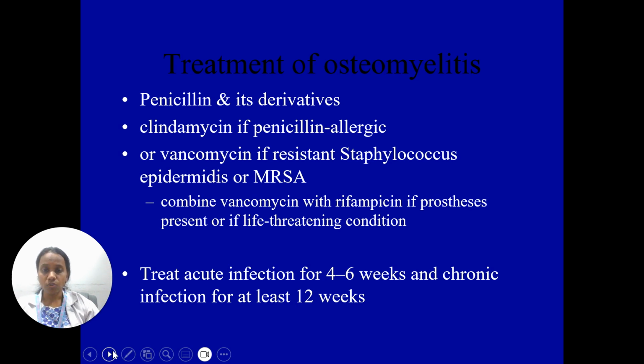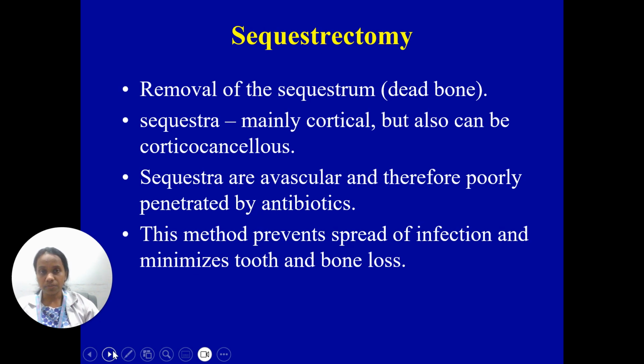A combination of vancomycin with rifampicin if prosthetic joints are present or if there is a life-threatening condition. Treatment for acute osteomyelitis should ideally last for 4 to 6 weeks, whereas chronic osteomyelitis requires a treatment of at least 3 months duration.